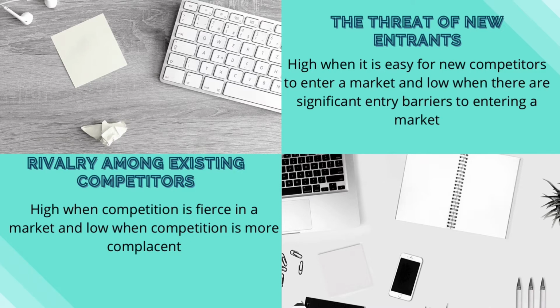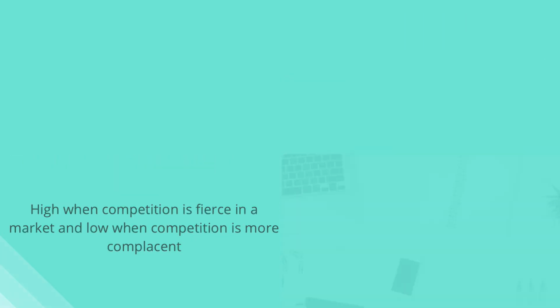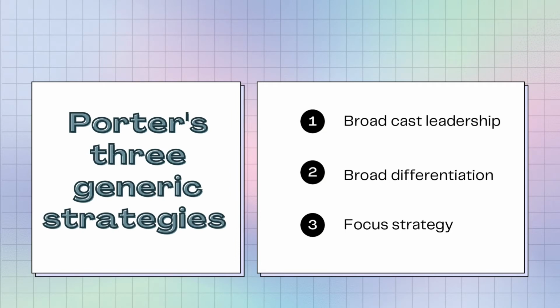Lastly, rivalry among existing competitors. This will be high when competition is fierce in the market and low when competition is more complacent. Next, Porter's three generic strategies, which are broad cost leadership, broad differentiation, and focus strategy.